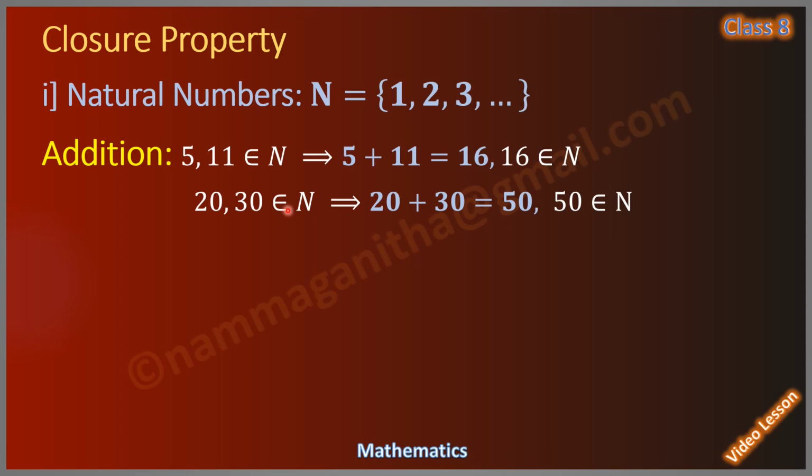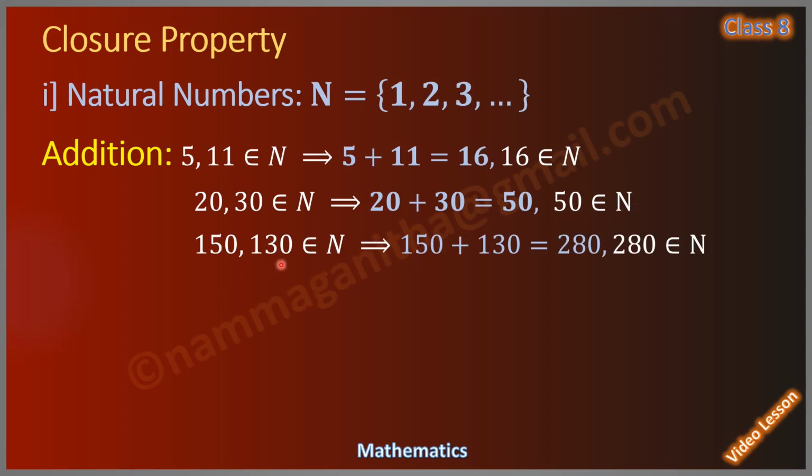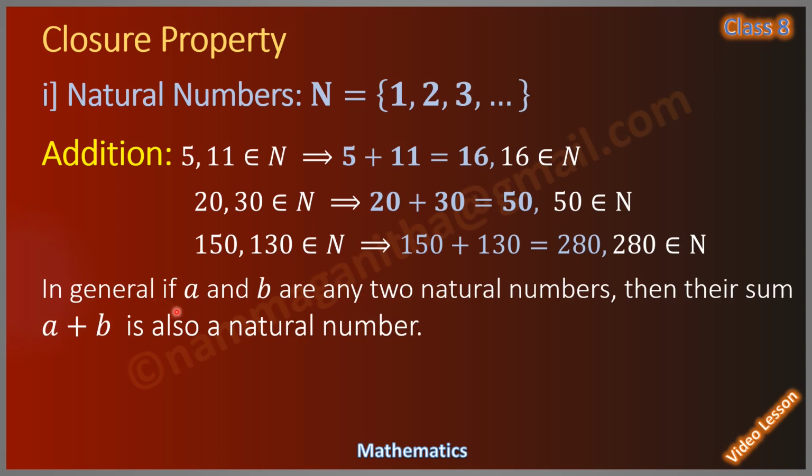20 and 30 belong to N, that implies 20 plus 30, because it is addition, is equal to 50. 50 belongs to N. 150 and 130 belong to N. Then 150 plus 130 is equal to 280, and 280 also belongs to N. In general, if a and b are any two natural numbers, then their sum a plus b is also a natural number.